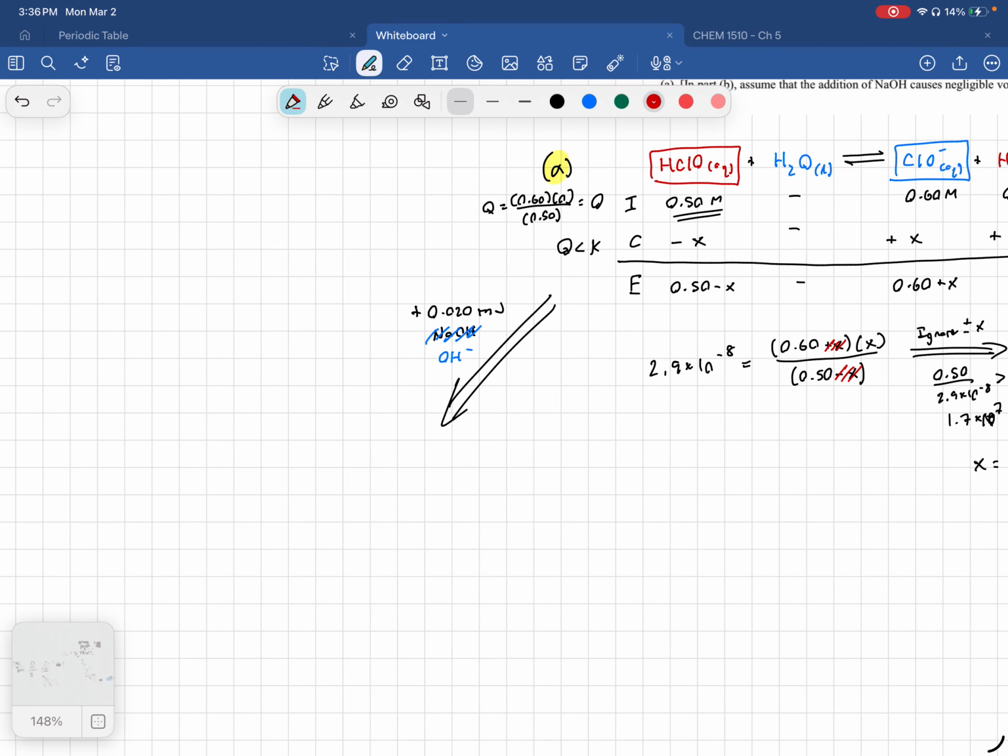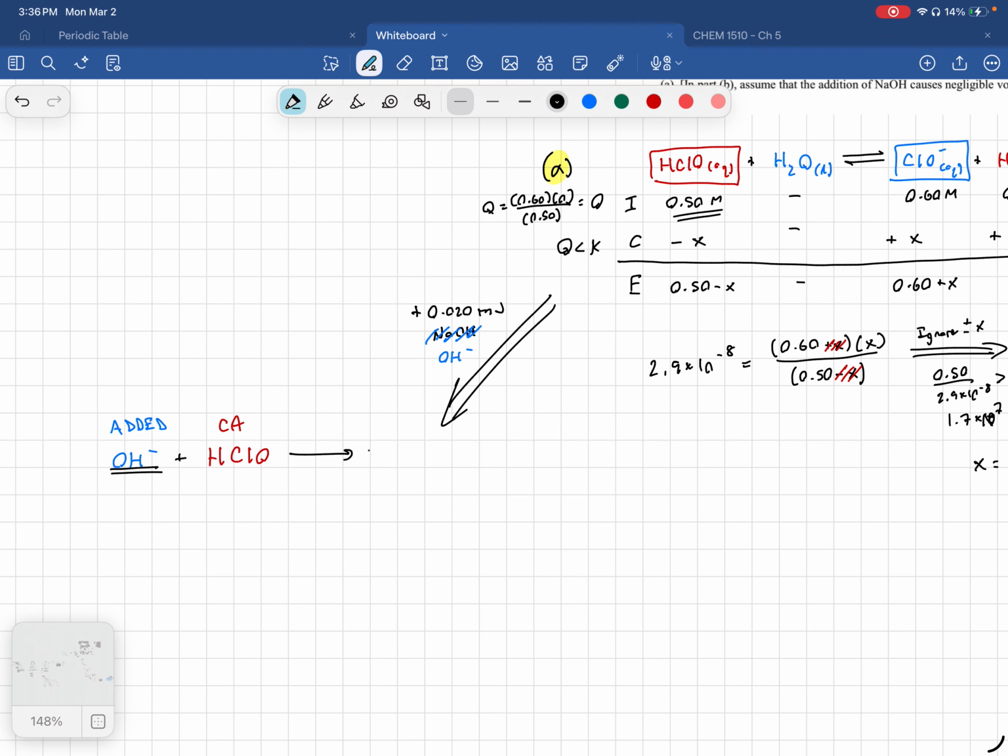Meaning, when we add that OH minus, it's going to react with our conjugate acid and single arrow, right? Because OH minus is such a strong base, the strongest base in water, this is a single arrow to the right.